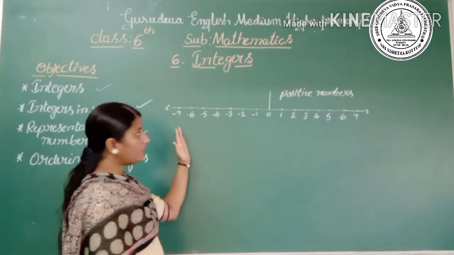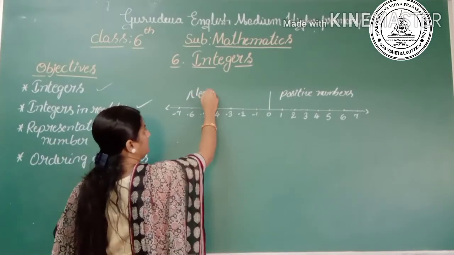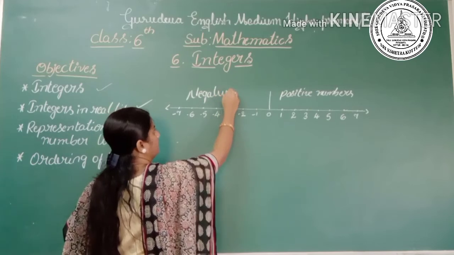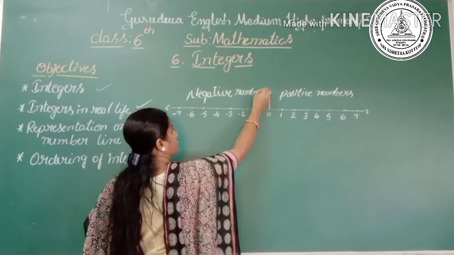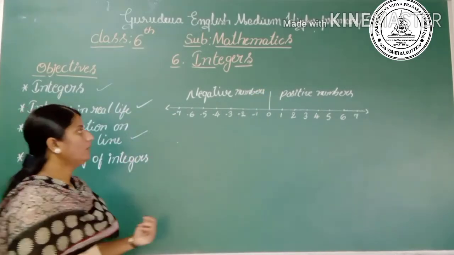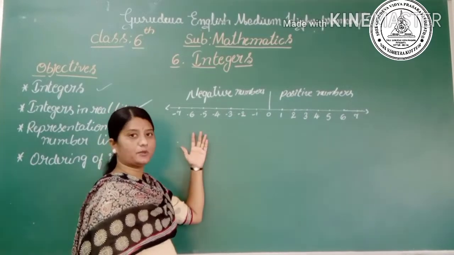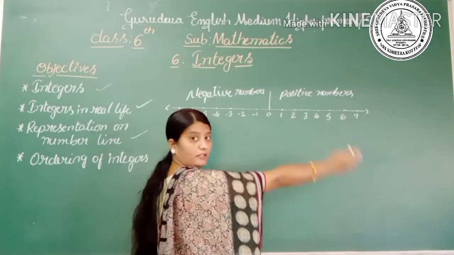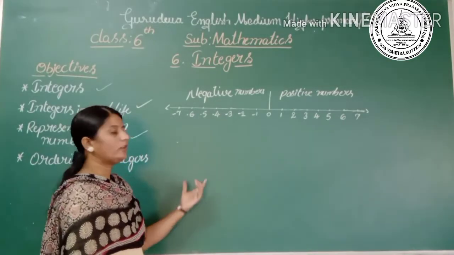And the left of the 0 I mark the negative numbers. Okay, now we can see here the negative numbers are left of the 0, positive numbers are right of the 0. Now can you mark minus 3 on a number line?